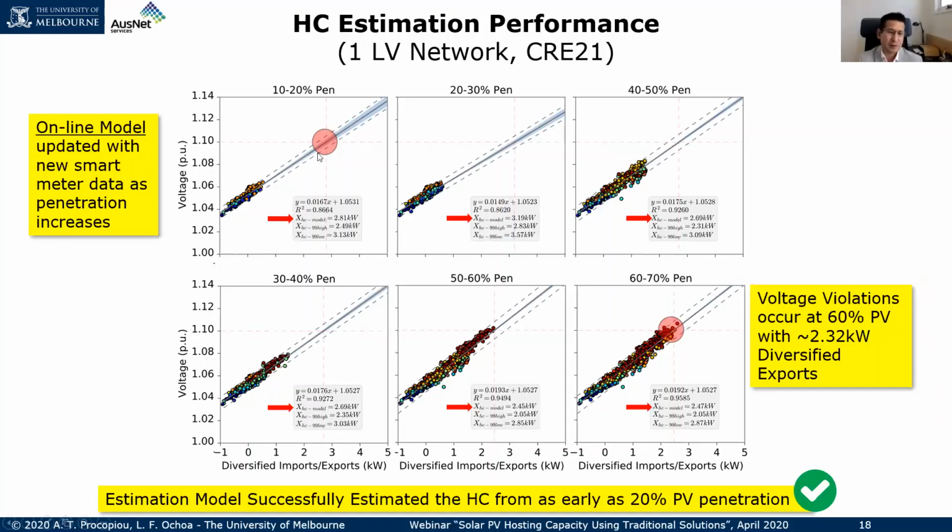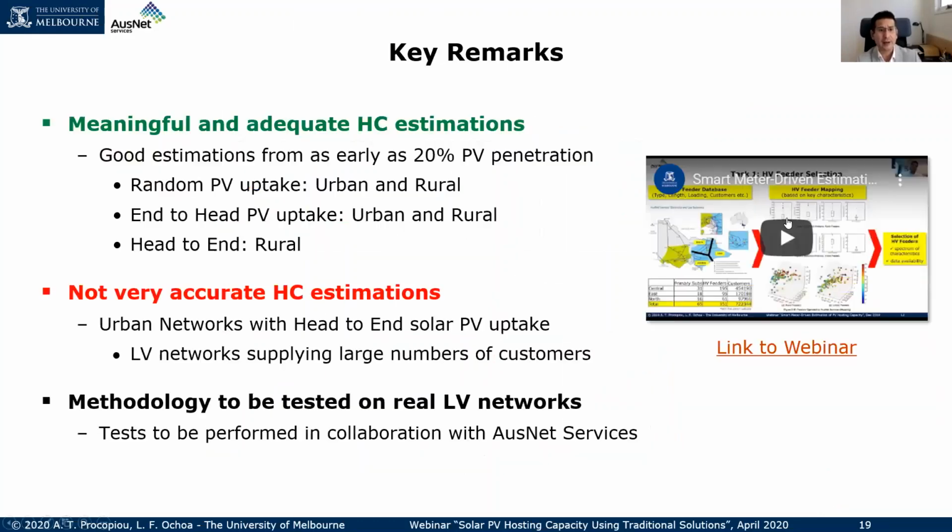With just around 20% of penetration and the corresponding smart meter data, we can more or less predict the corresponding hosting capacity, because this 2.8 kilowatts, if you multiply by the corresponding number of customers, will give you an amount of export that can then be related to the existing installations, so as to know what installations you could install further than that. So that's the idea behind this.